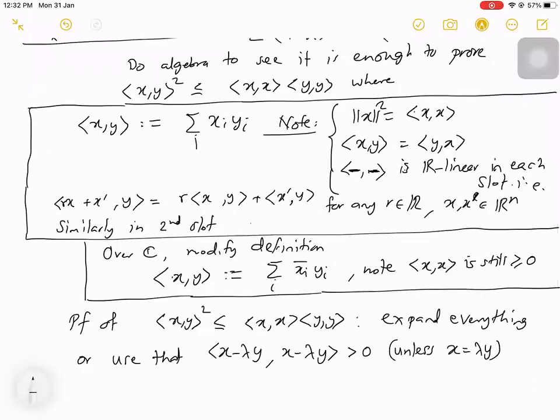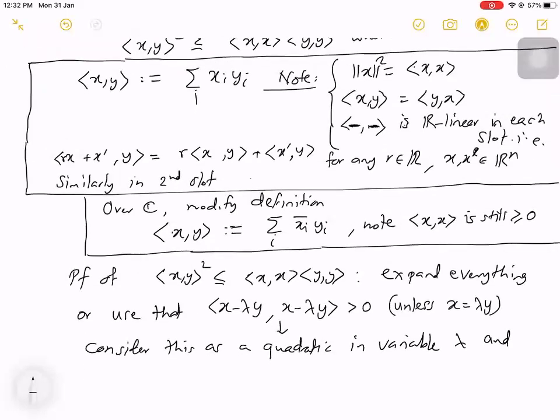So how do you see this? Have you seen this proof? This is slick. So what you do is, now this as a quadratic in variable lambda.